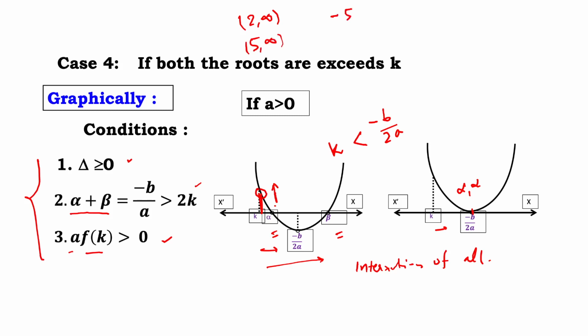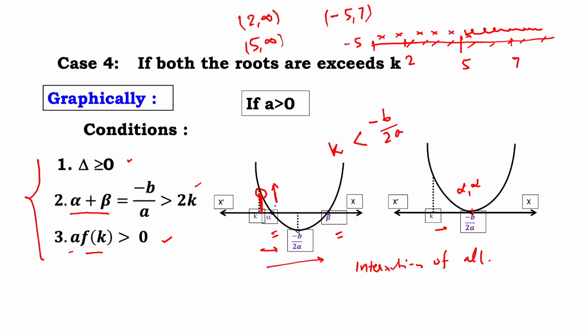So what is the meaning of intersection? Draw the number line. First, let this be 2 to infinity, right? Second, it's coming 5 to infinity, and third it's coming somewhere minus 5 to 7, right? So you have to see which portion is common to all three.